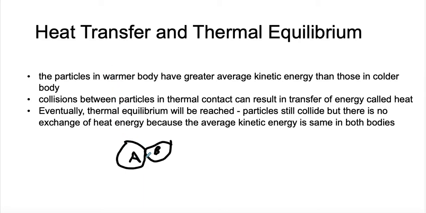The transfer of energy is always going to be from the greater to the lesser kinetic energy, and that transfer through collisions is called heat. Eventually, thermal equilibrium is reached when the average energy of A and the average energy of B are the same, and there's still collisions happening, but there is no net change of energy from one side to another.